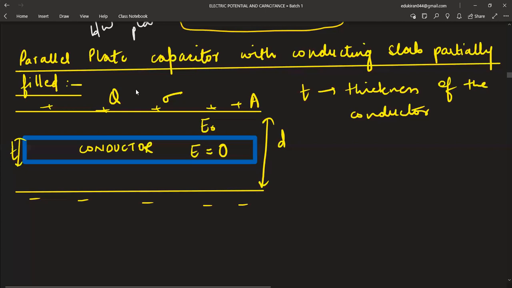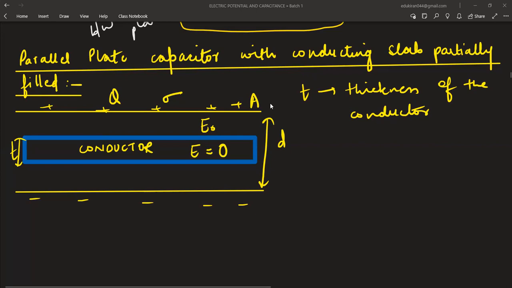Now, class, the same case, partially filled slab only. But this time, this is not a dielectric. Dielectric, I have told you, means something which is insulator. Now we are having a conductor, complete conductor. Now, what difference will arise here?